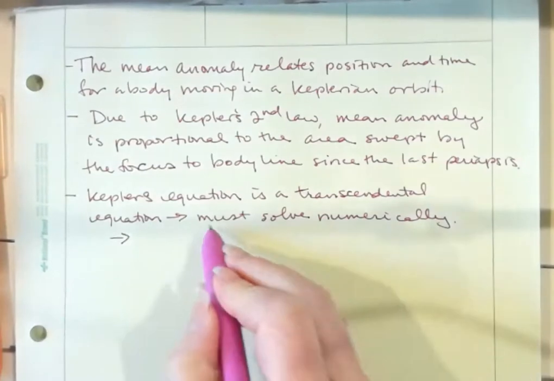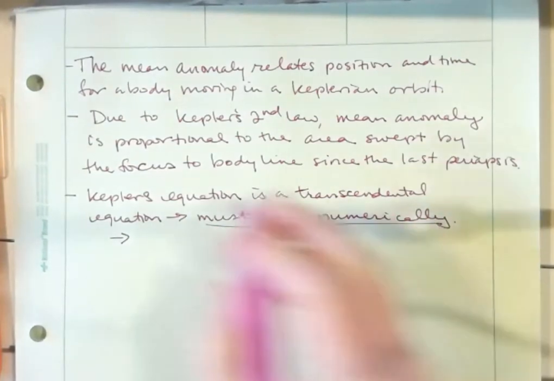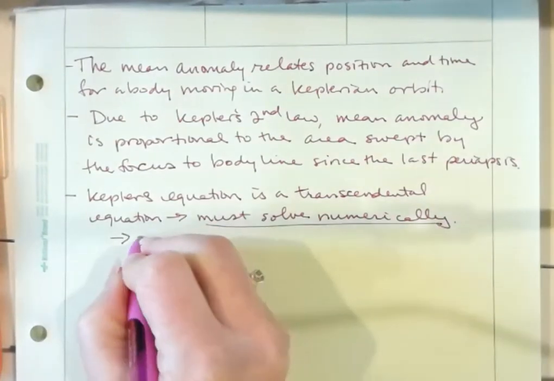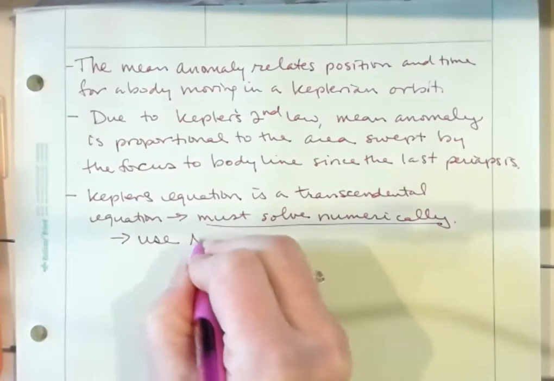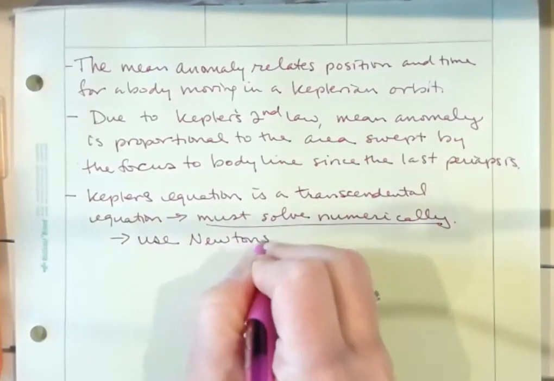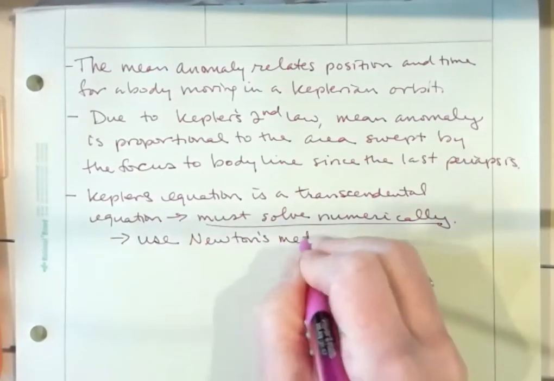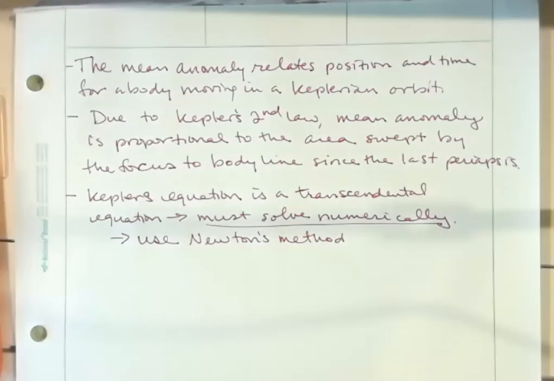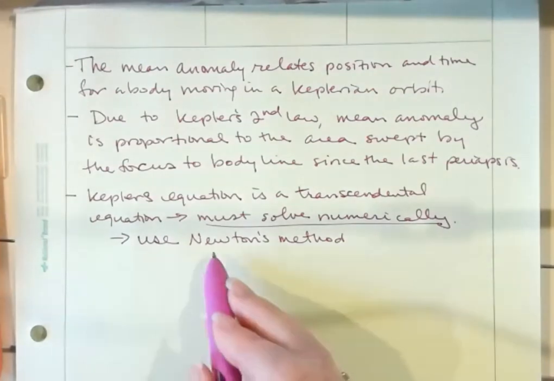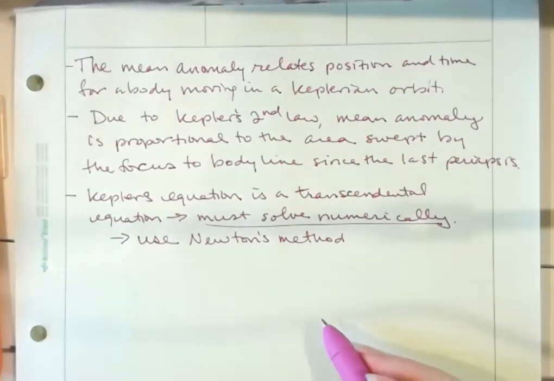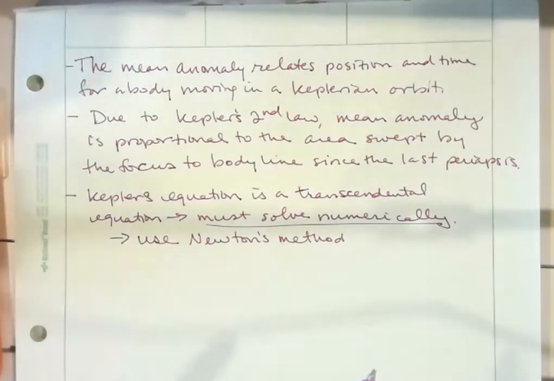Since we must solve this numerically, we're going to go over Newton's method, which some of y'all have seen already. Sometimes it's called the Newton-Raphson method. Either term generally means the same thing.